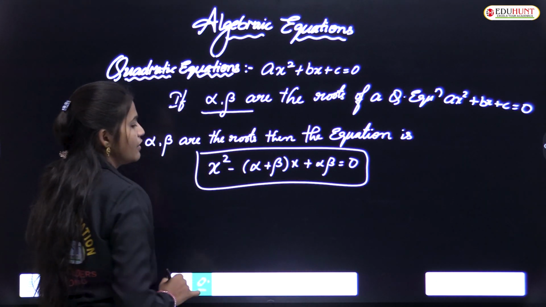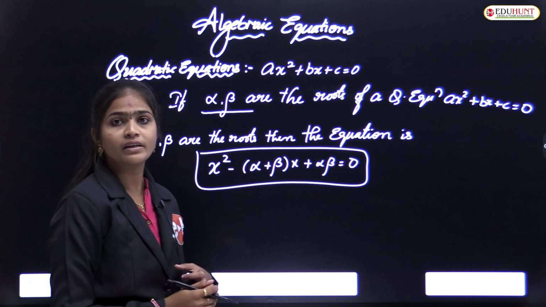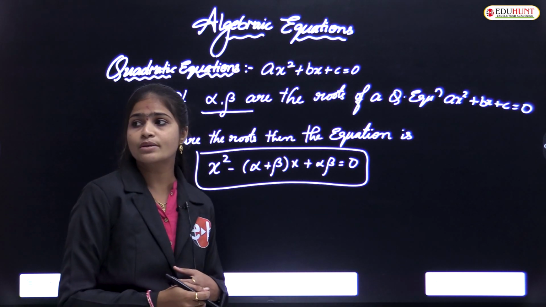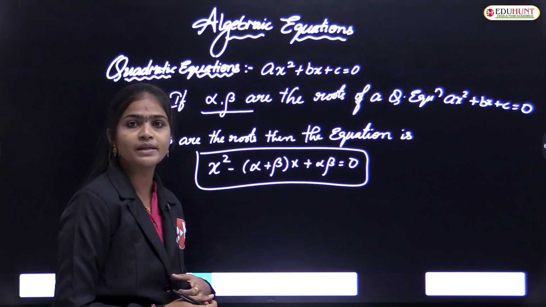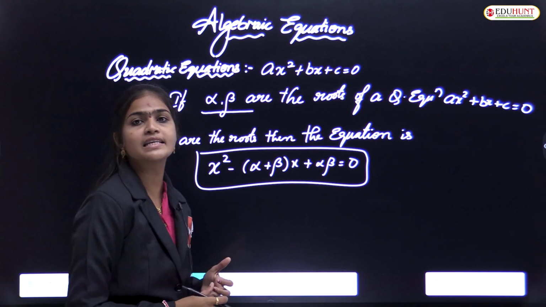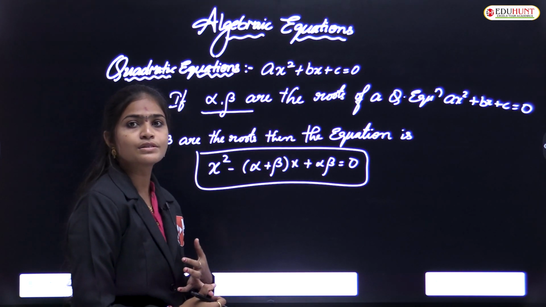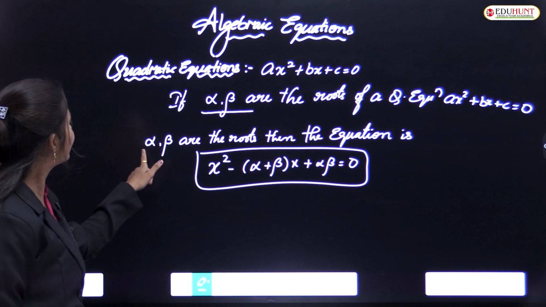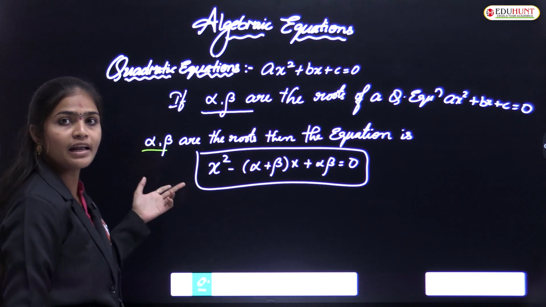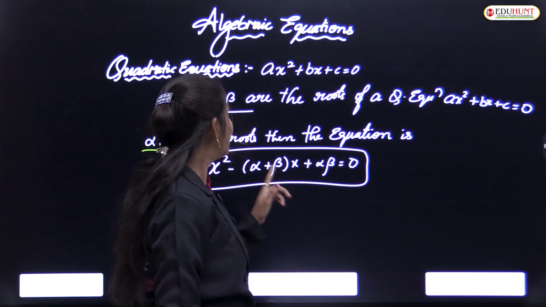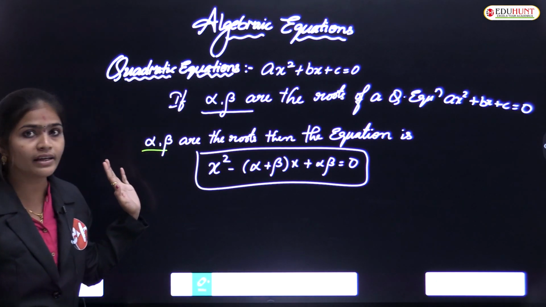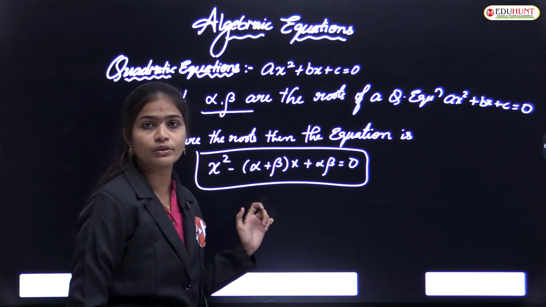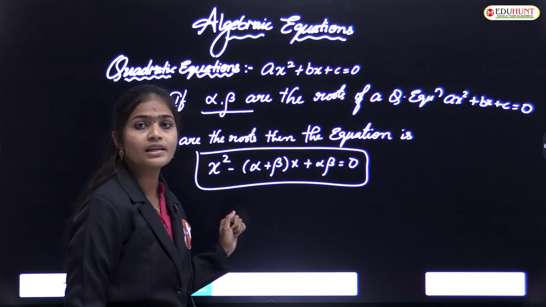This is another formula. That equation we have to learn here: x square minus (alpha plus beta) into x plus alpha beta is equal to 0. Let us say alpha and beta, two different values or equal roots, whatever it may be, alpha and beta values are given, we need to find that equation. What is that equation? Okay, so how to find?